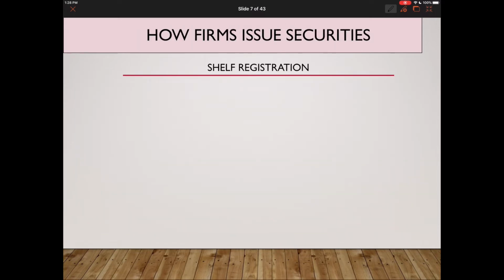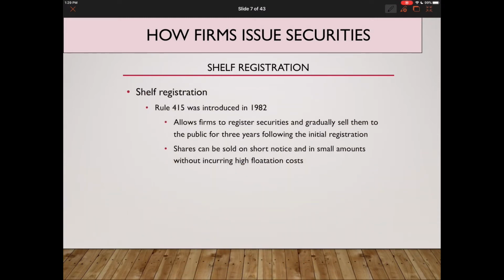Another aspect of these IPOs and this offering of new equity securities is a term called shelf registration. Shelf registration, Rule 415, was introduced in 1982, and it allows firms to register securities and then gradually sell them to the public for 3 years following the initial registration.